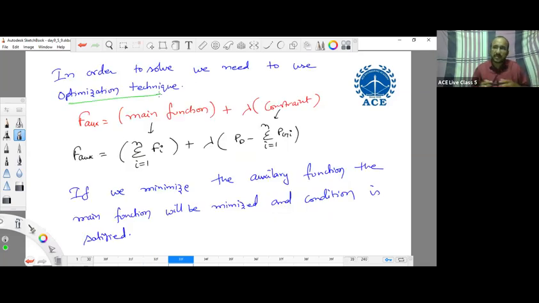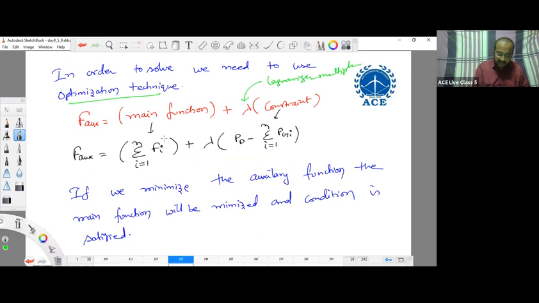What does the optimization technique say? Construct an auxiliary function which includes the main function which is to be minimized, and the constraint that is to be satisfied. Here lambda is known as the Lagrangian multiplier. We will discuss that.